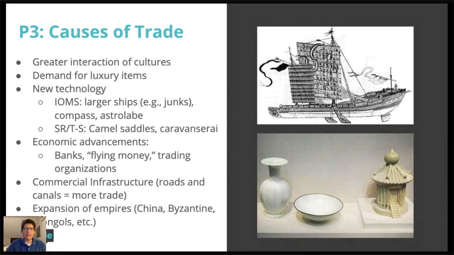Cities in England and Denmark and Scandinavia and Russia all join in and protect trade between all of these cities because it's in their best interest. So we see states start to support trade in this era, even more so than in the last era. One way in which they continue to support trade is by building infrastructure, roads, canals. That leads simply to more trade.